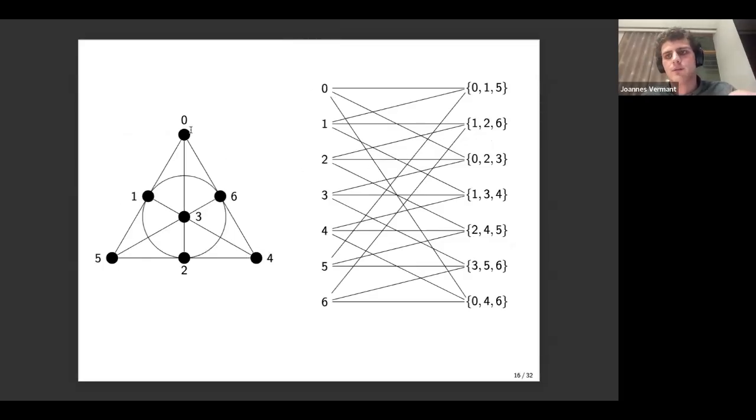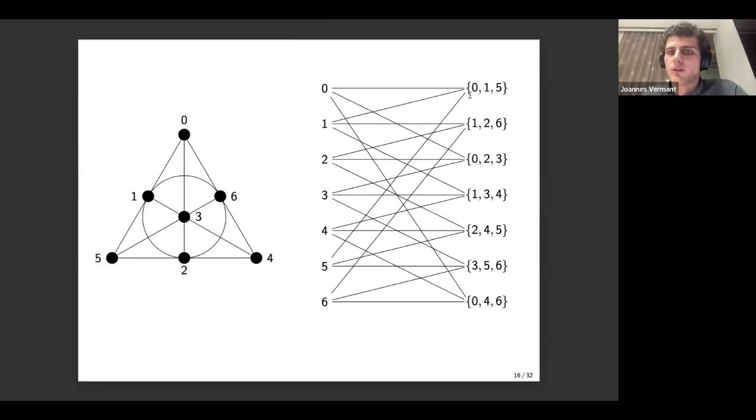On the left, we have the Fano plane, and you can consider it as a hypergraph having hyperedges being the lines. So we have 0, 1, 5 being a hyperedge, 5 to 4, 1 to 6, and so on. And then we have the incidence graph here.